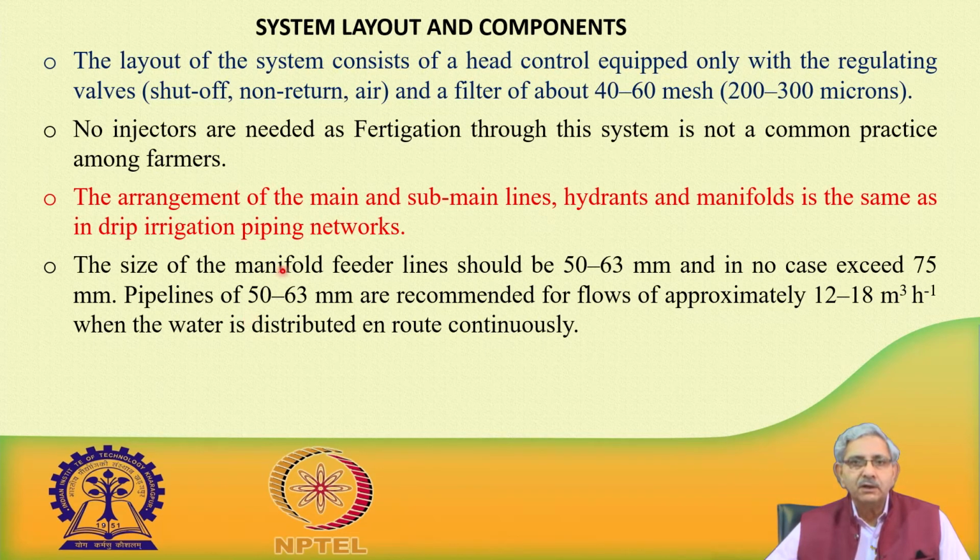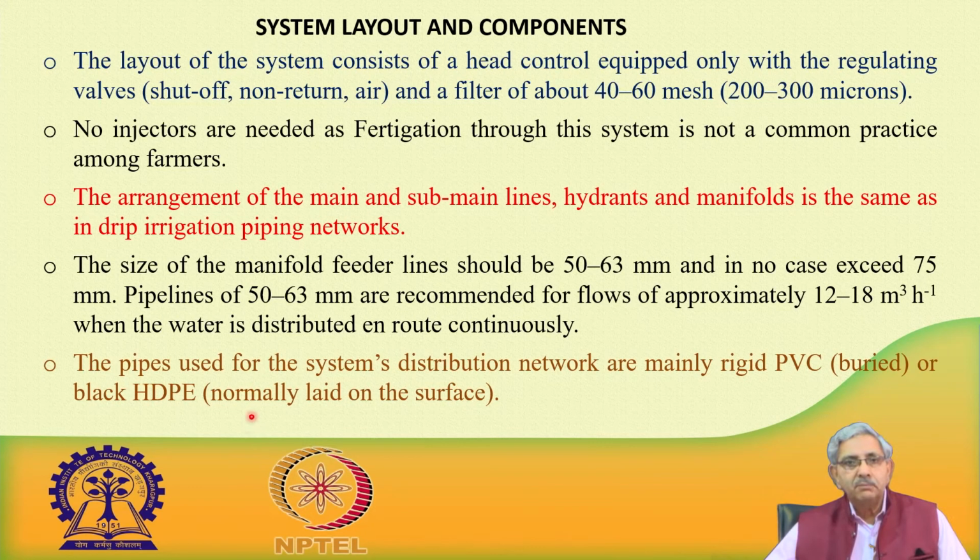Pipelines of 50 to 63 millimeter are recommended for the flow carrying water of 12 to 18 cubic meter per hour, when the water is distributed en route continuously. For that purpose, such a layout is suggested.